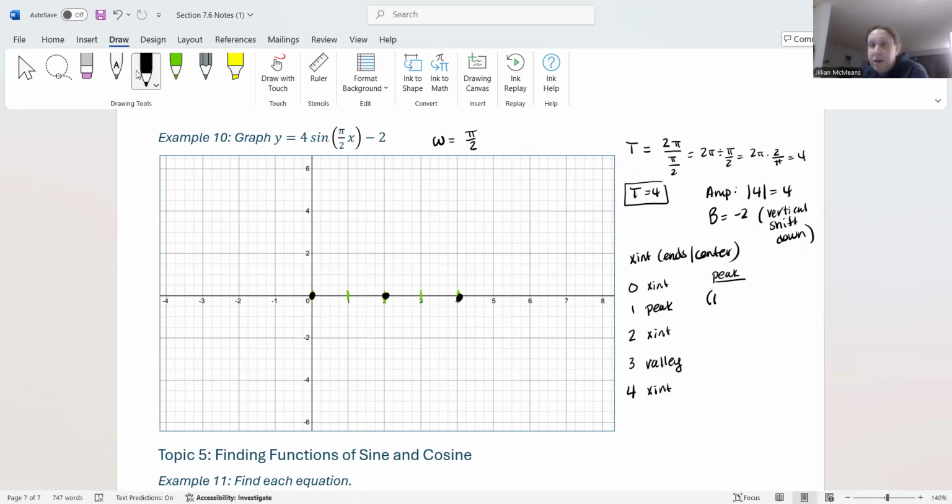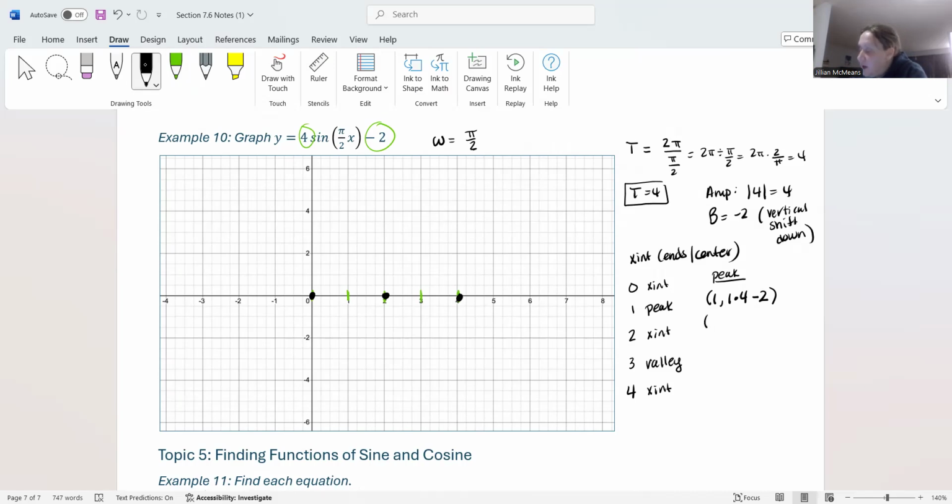Now, ordinarily, the highest point on sine is 1. So we have to do two things now. We have to multiply sine by A, and then we subtract 2, because remember, this graph is going to shift, okay? It's going to shift down. So we're going to take the original y-coordinate of 1, multiply it by 4, and then subtract 2, okay?